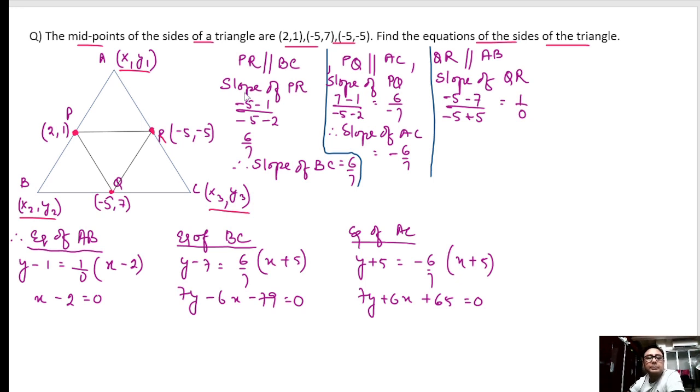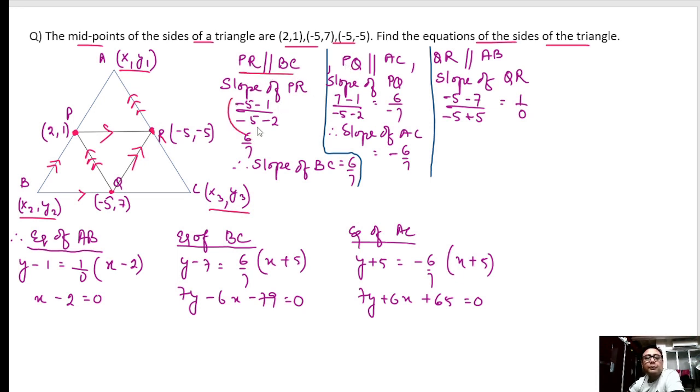So please watch here. We know that if we join the midpoints of two sides, it will be parallel to the base. Similarly, this will be parallel to this base, and this will be parallel to this base. So PR is parallel to BC.